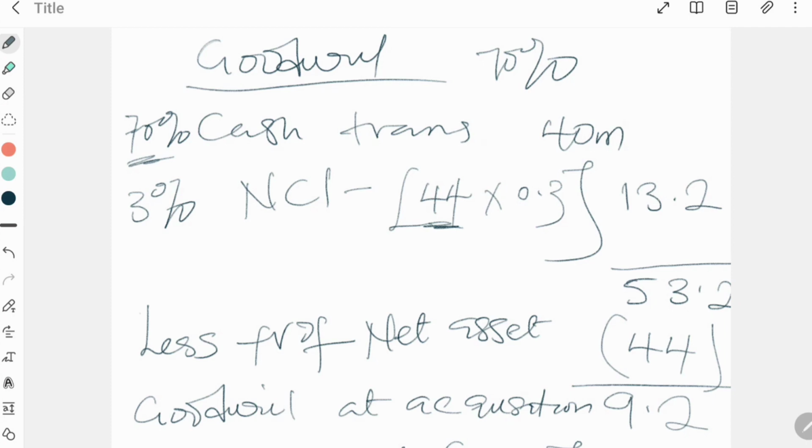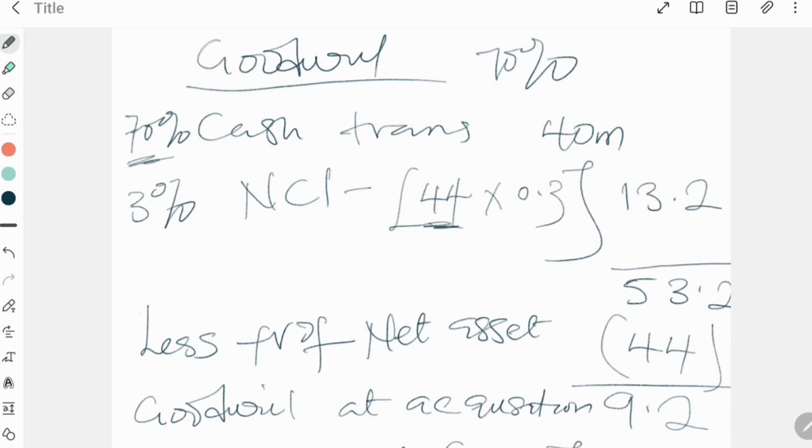And then afterwards, you also have to know what your NCI is. NCI can be measured depending on the policy of the company. They can decide to measure their NCI at proportionate net assets or at fair value. You go ahead and deduct the net asset.